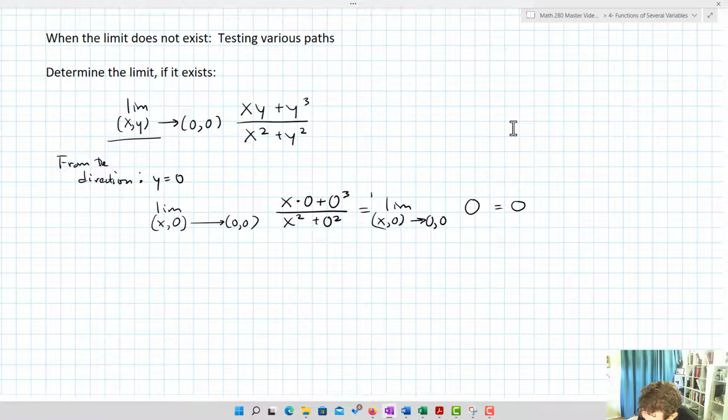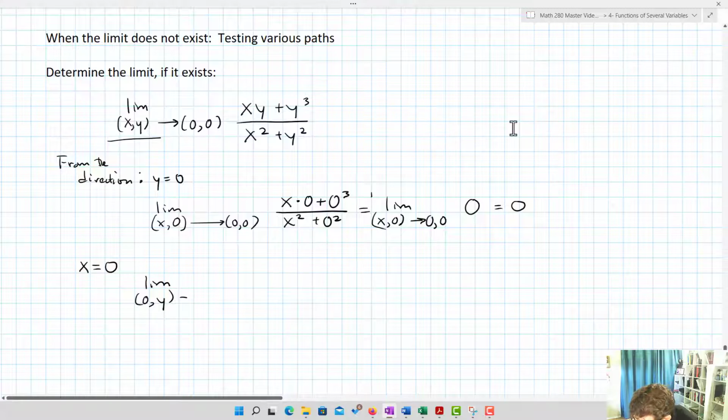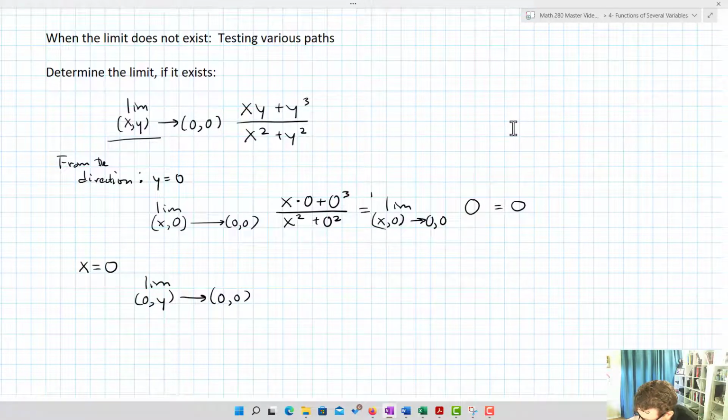Let's say, for example, the next direction we're going to use is x = 0. So now we've got the limit, and we're going to substitute in 0. We'll keep y, because y can be anything we want it to be. It's going to be variable, and it's going to go to (0, 0).